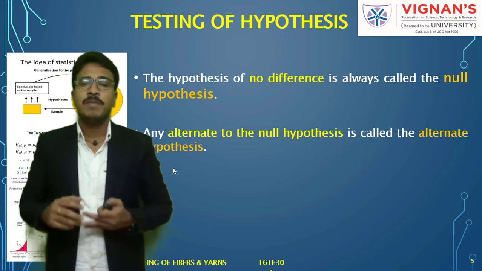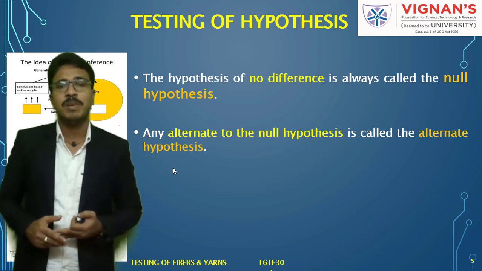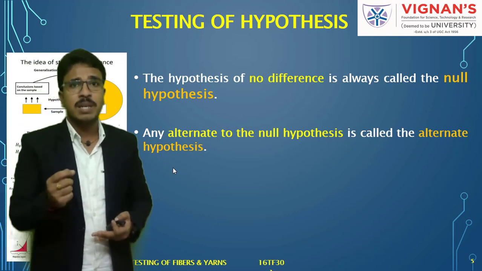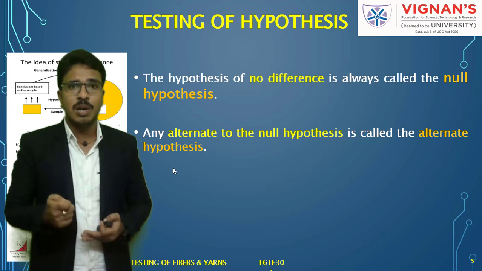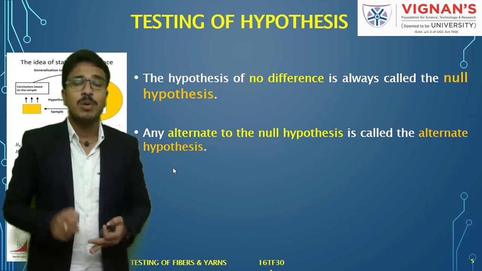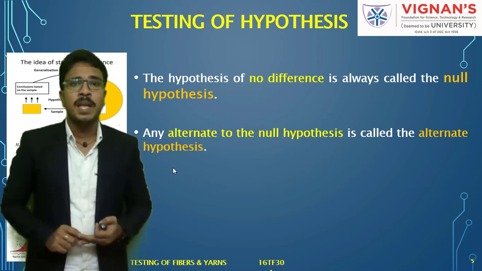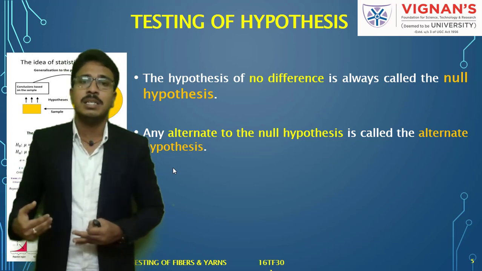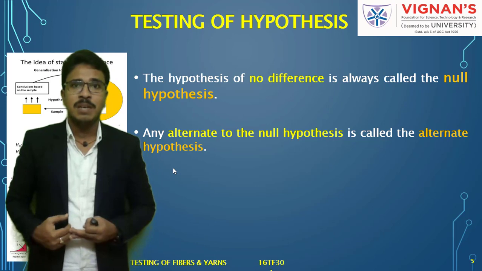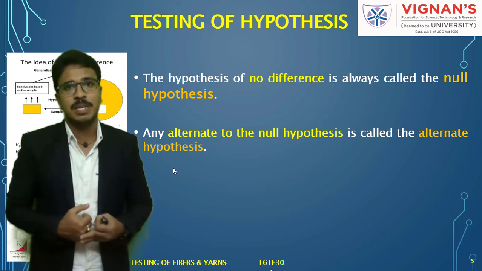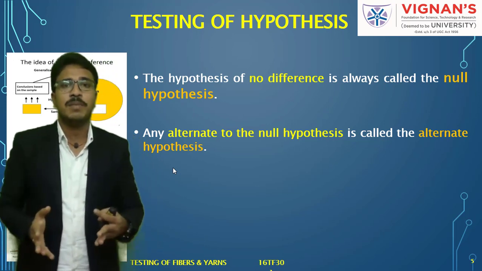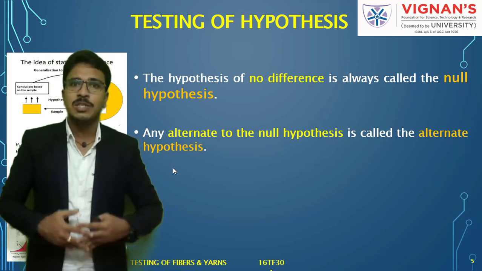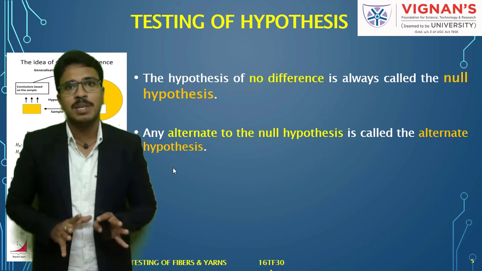Before solving any problem, we have to state the null hypothesis and alternative hypothesis for the particular problem, and finally we are going to accept or reject the null hypothesis. If the null hypothesis is accepted, that means there is no difference between the values we are obtaining from the population, everything is the same.